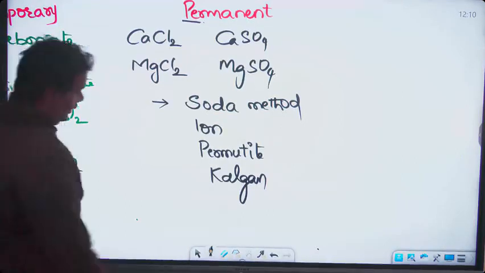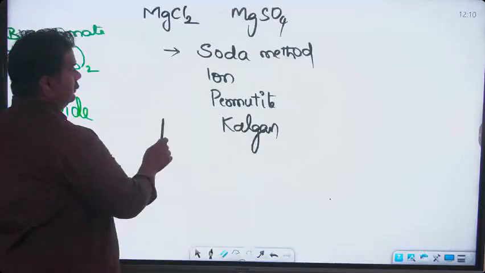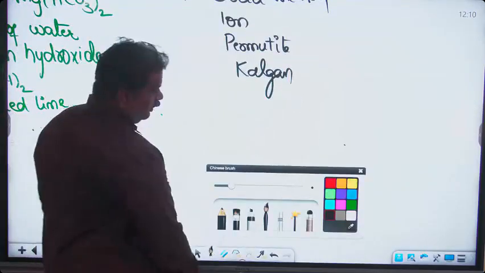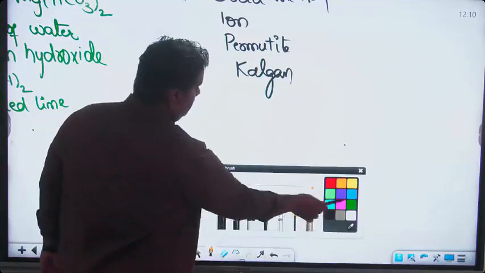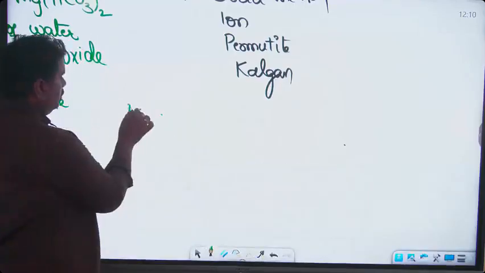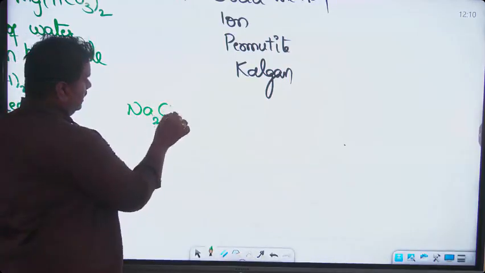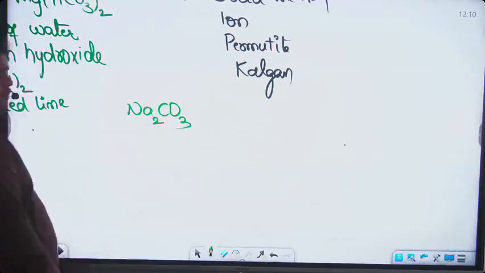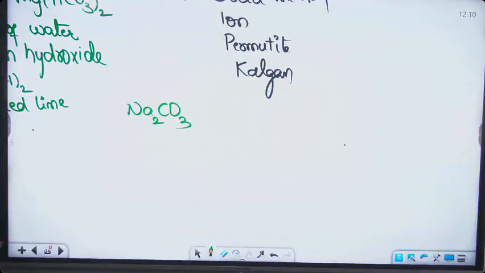Then finally, sodium carbonate, Na2CO3, whose other name is washing soda.